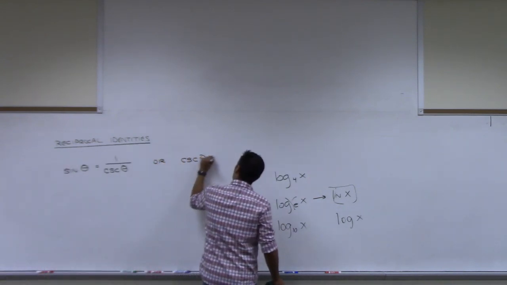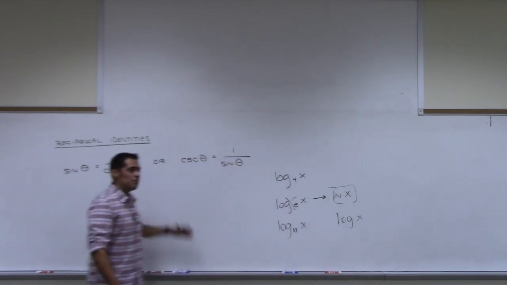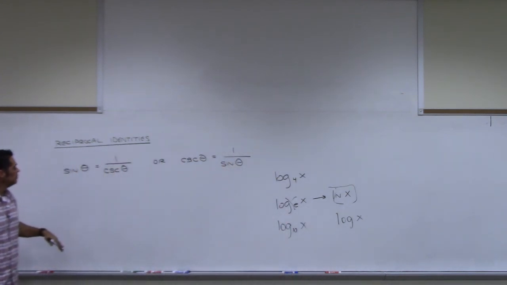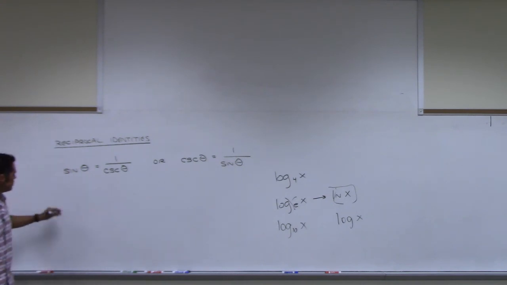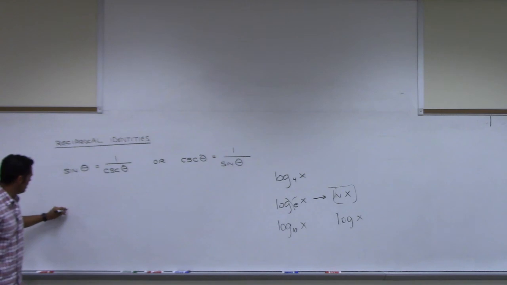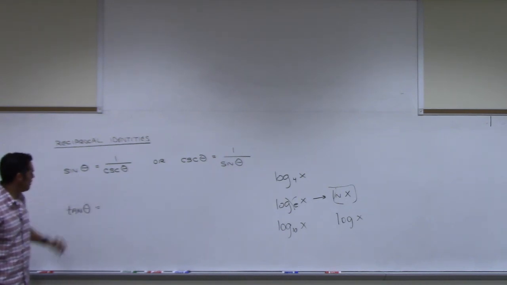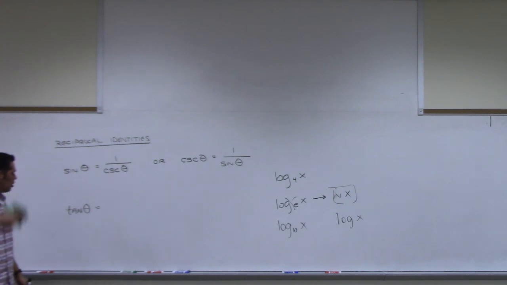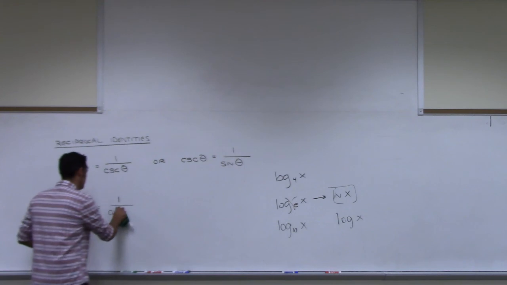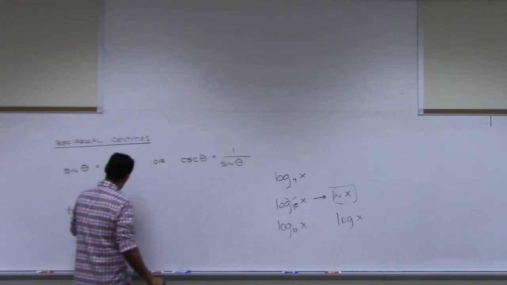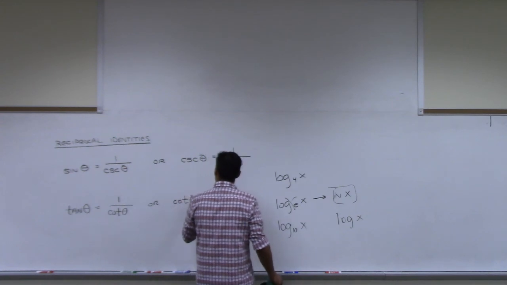Cosecant theta is equal to 1 over sine theta. And we can do this for all 6. So let's do one more, because I'm sure you could do this yourself, and they're in the book. Let's do tangent. Tangent theta is the same as what? 1 over what? 1 over cotangent theta.